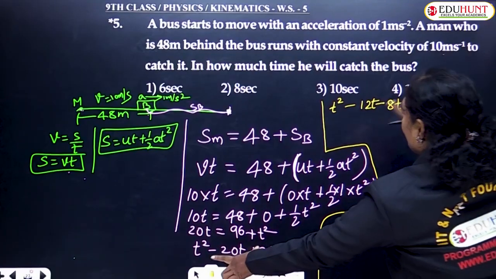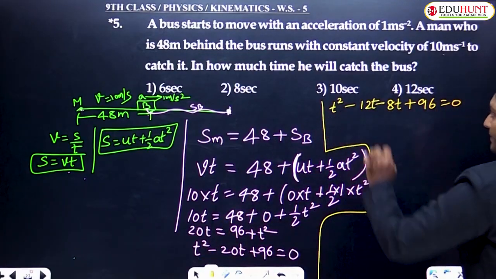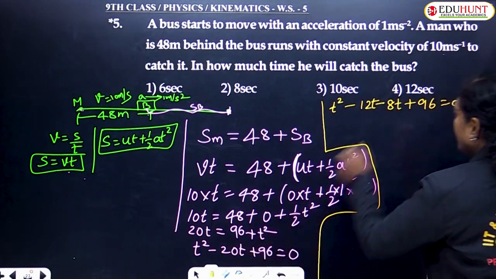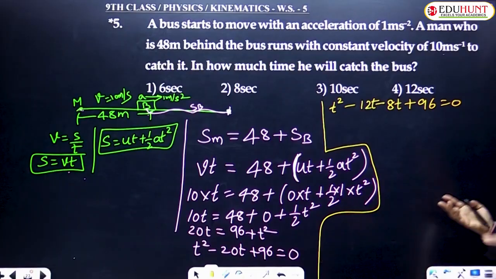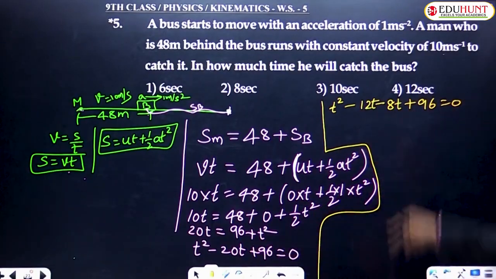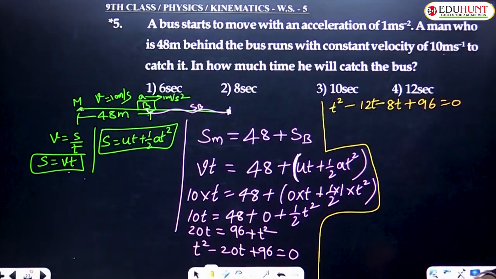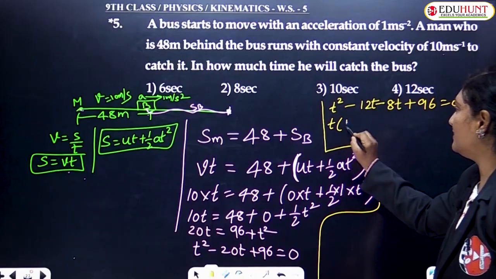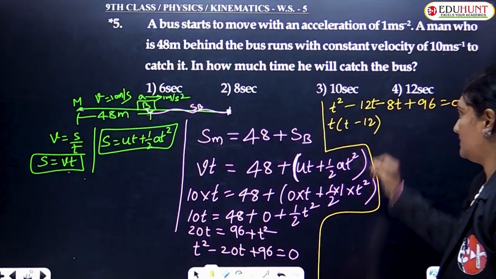See, I hope it is the same equation, because t square matches. Minus 12t minus 8t is minus 20t plus 96, isn't it? So I have just rearranged it. Instead of minus 20t, I wrote it as minus 12t minus 8t. So in these two, if you take out common t, what are you left with? T minus 12. That's all.